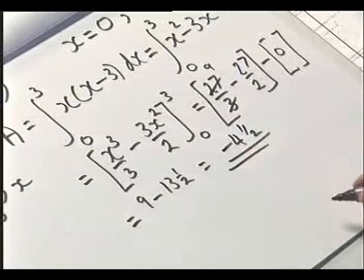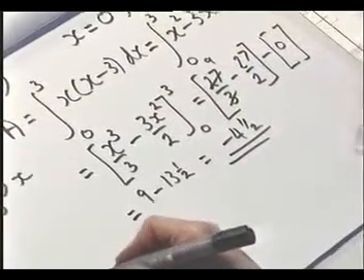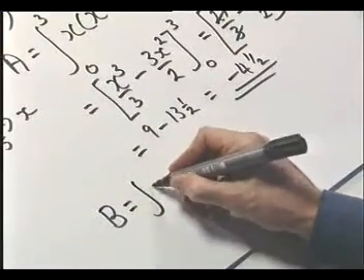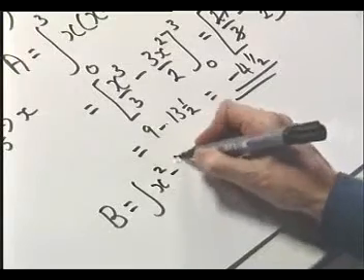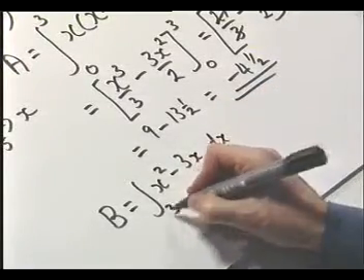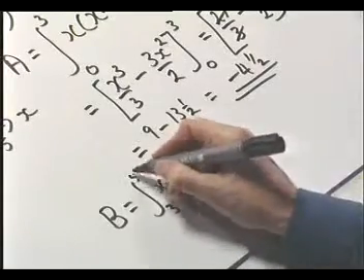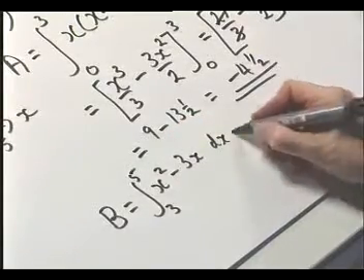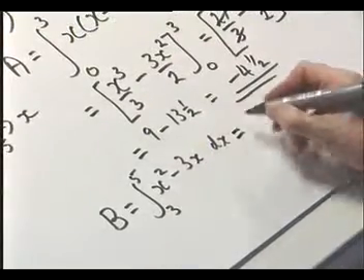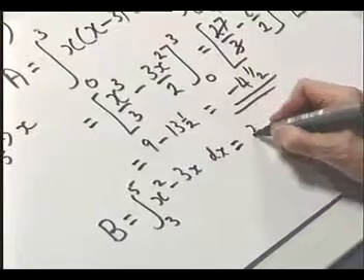So that's the area A. Let's now have a look at the area B. So that's the integral of x squared minus 3x with respect to x, this time between 3 and 5. We'll get exactly the same as we've got here because we're integrating exactly the same function.